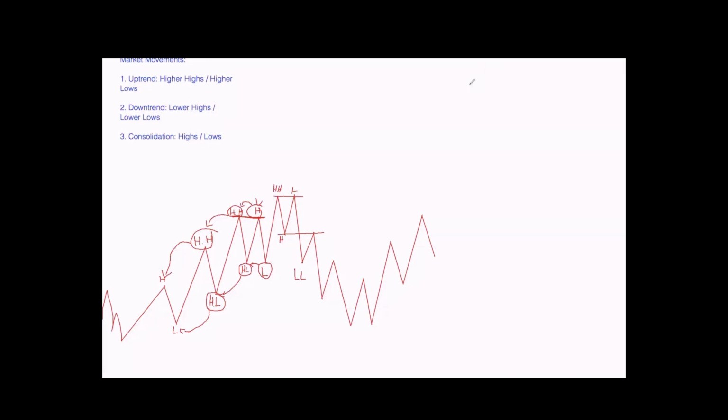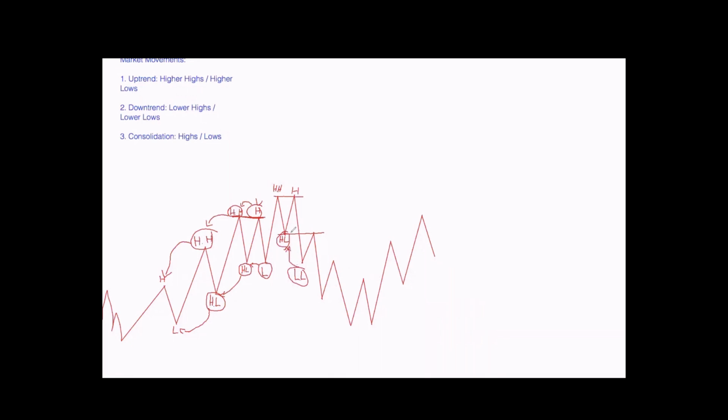So these are highs, so higher low. Once the market broke our previous low, it made a lower low, because this low is lower than our previous low, making it a lower low.